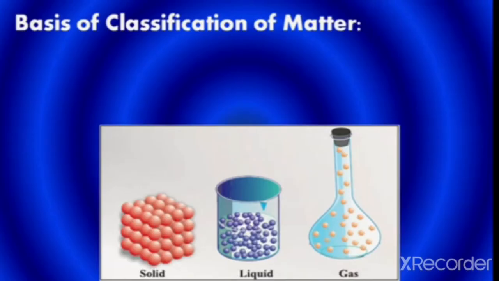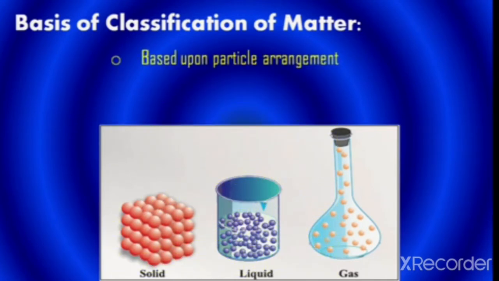Now children, matter can be classified. Okay? We can classify or categorize matter. What is the basis of classification of matter? On what basis can we classify the matter? See here, matter into solid, liquid and gas. On what basis are they classified?